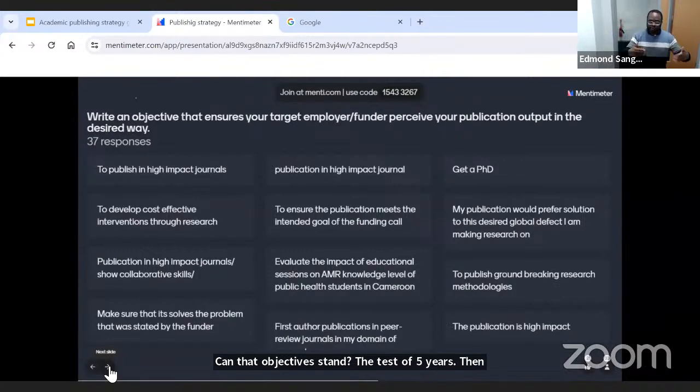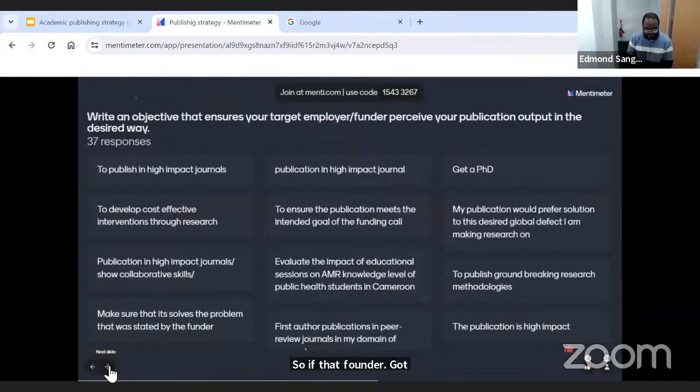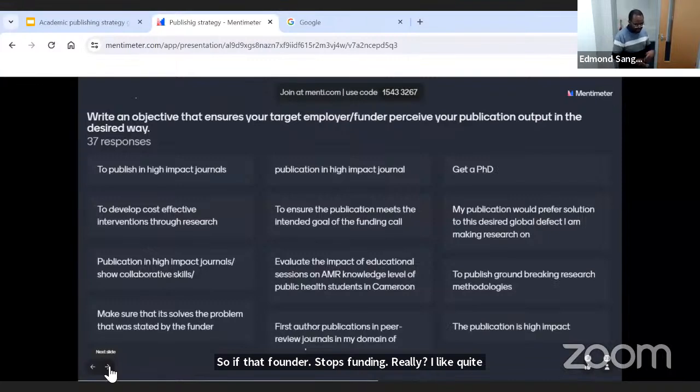So if that funder stops funding, like what happened with the African Academy of Sciences, it stopped funding research. It had its research priorities. Now what? Are you going to stop research because the funder has changed their goals?